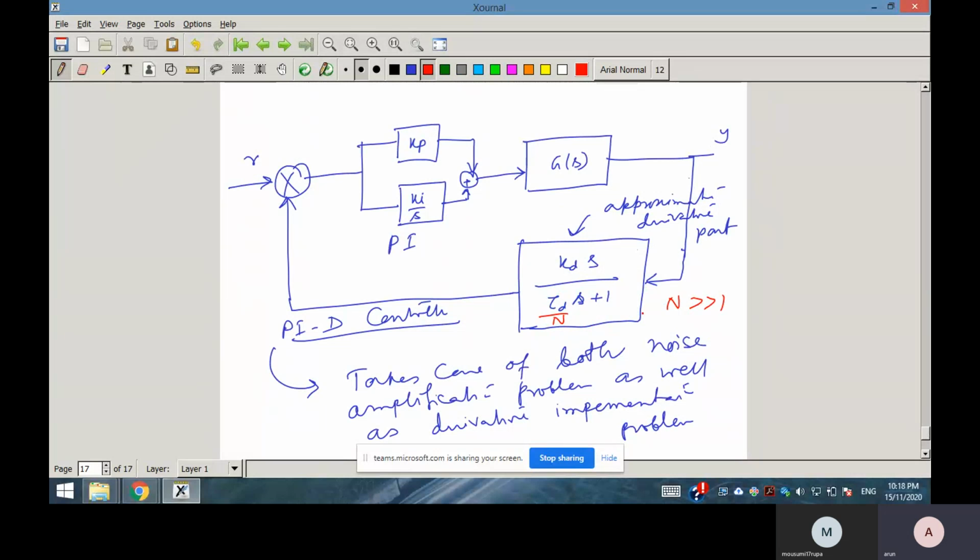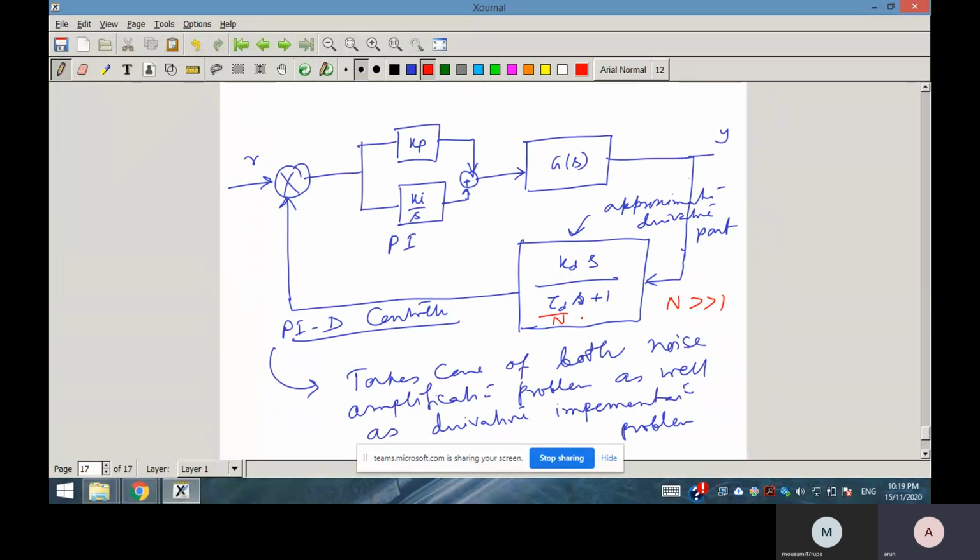How much? If you make tau D by N much smaller, then again it will tend to pure derivative, and then again noise will get amplified. So you have to trade off how much noise you want to pass.